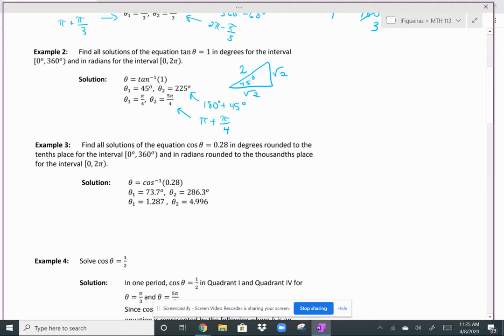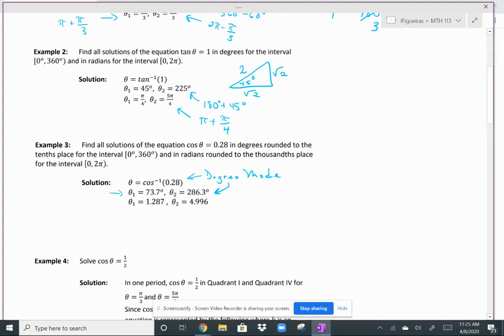When you use your calculator, you're going to use the cosine inverse function. To solve for degrees, make sure you are in degree mode first. Being conscious of your mode is really important with these problems, or you will not get the correct answer. When you enter that into a calculator, it will only give you one result, which is 73.7 degrees rounded to the tenths place.